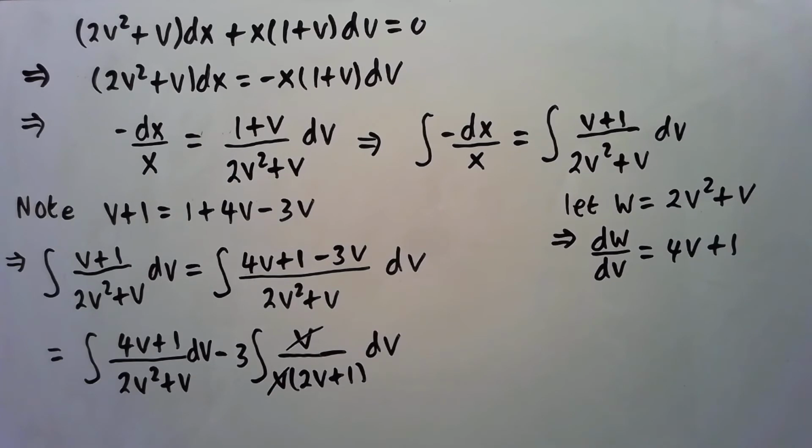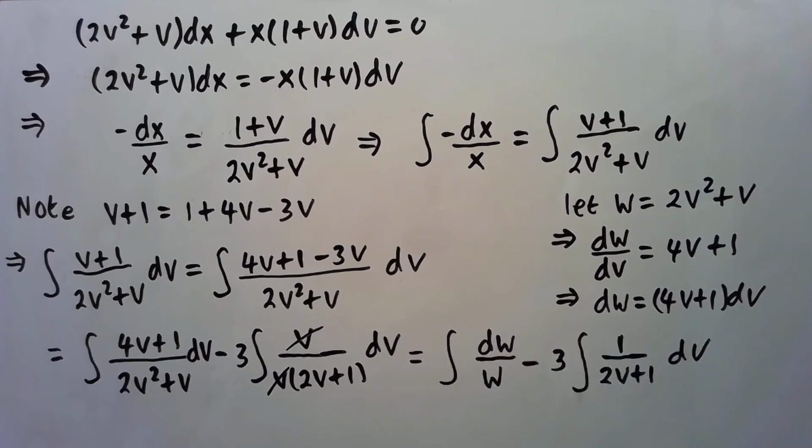Let's note that here. So my dw is this, and then I can write this in terms of w. So it'll be the integral of dw over w minus 3 times the integral of 1 over 2v plus 1. And here I'm going to make another substitution. Let's call it u. So let u equal 2v plus 1 here.